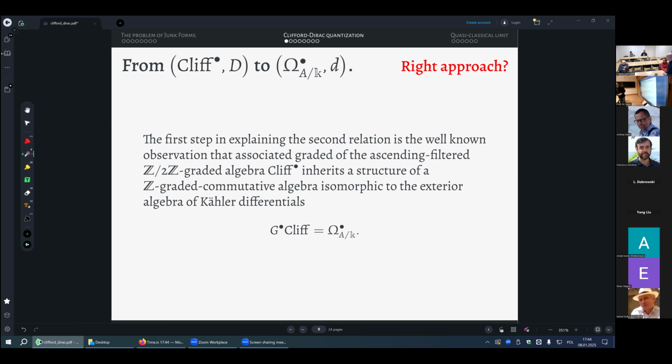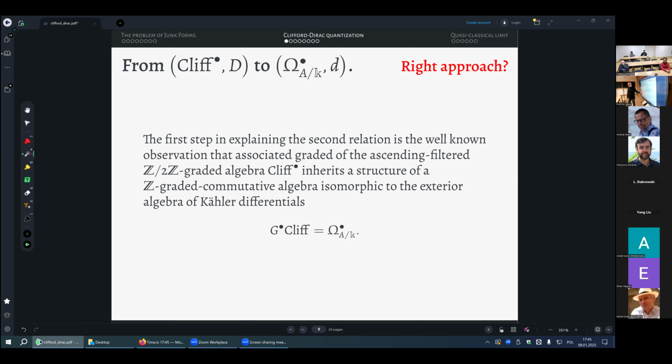Can you say again what this G dot is doing to the Clifford algebra? It's just the associated gradient. If you have a filtration, you can take consecutive factors, the higher filtration divided by the lower filtration. So by definition, this thing is Z graded.